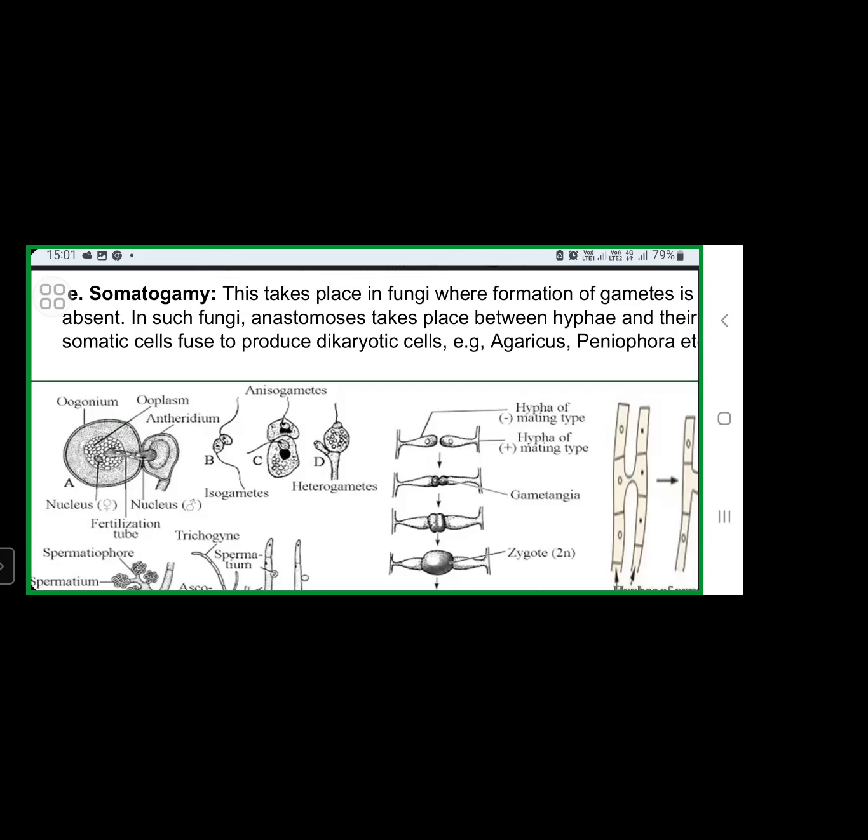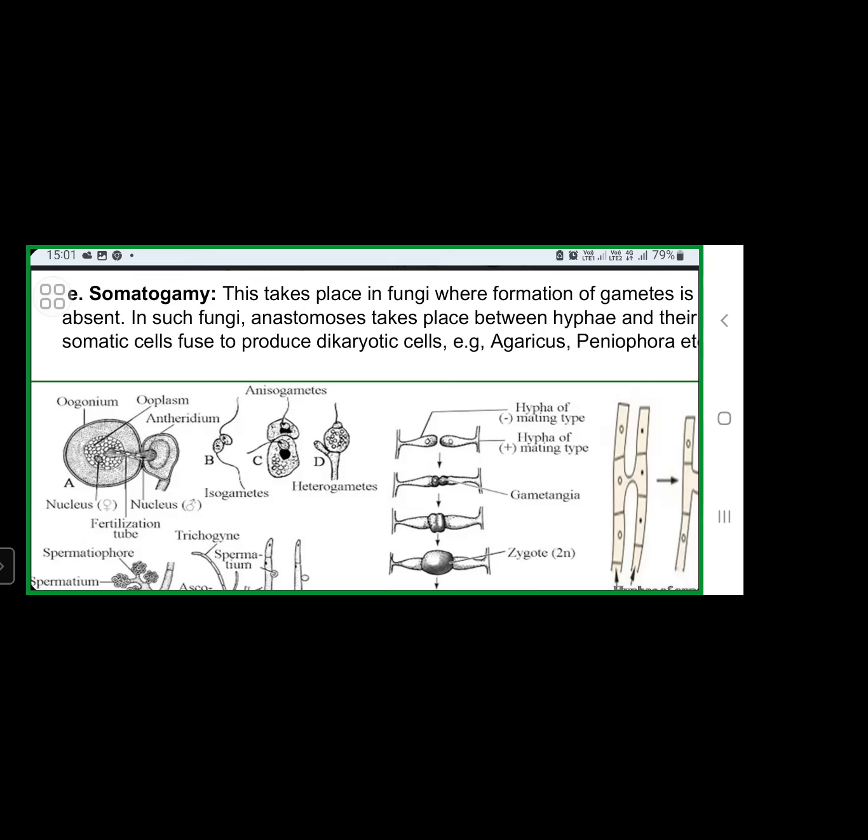This kind of reproduction is called somatogamy. Somato means somatic cell fusion. Somatogamy means somatic cell fusion takes place because there is no gamete formation in some fungi. In such fungal members, the somatic cells of the hyphae will fuse with each other.